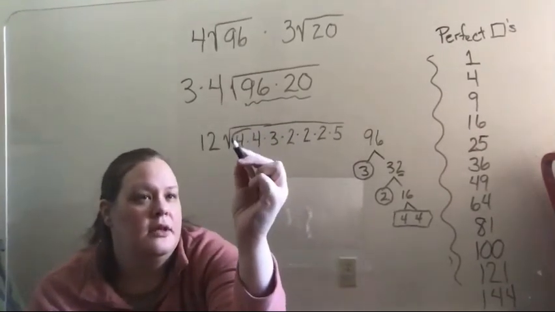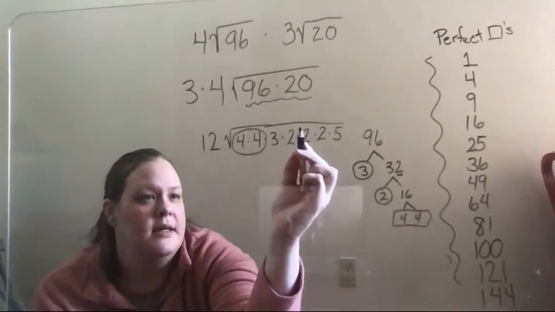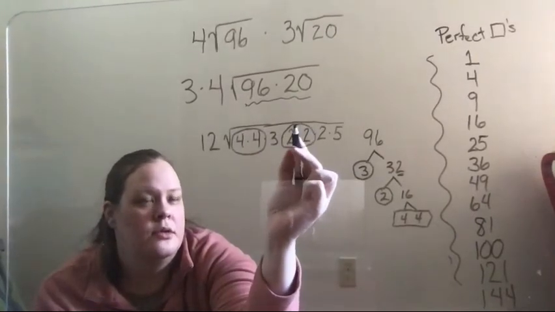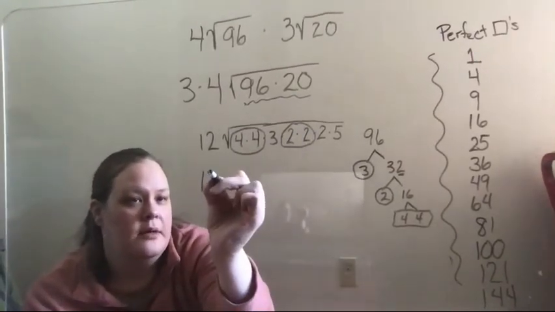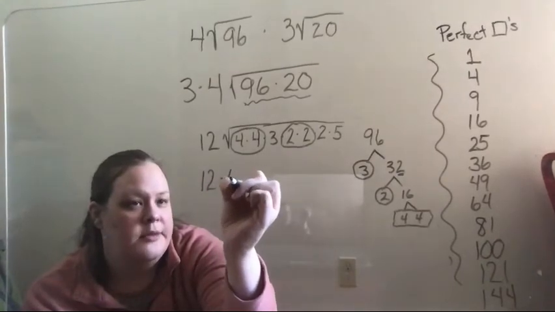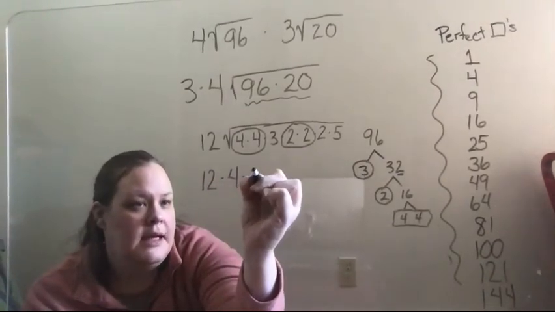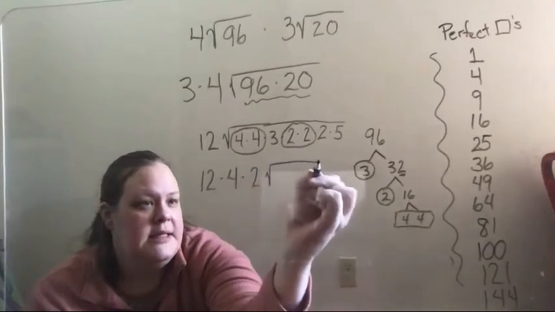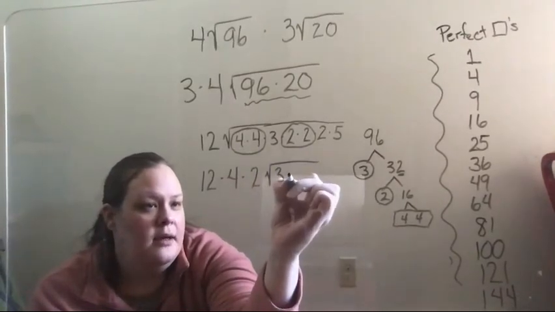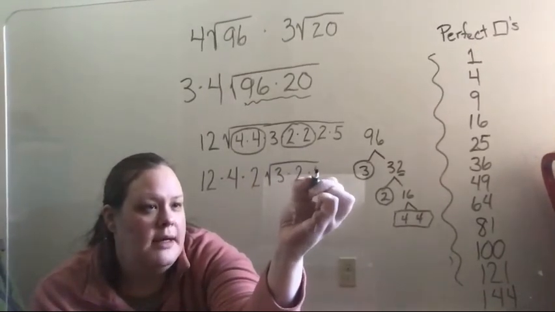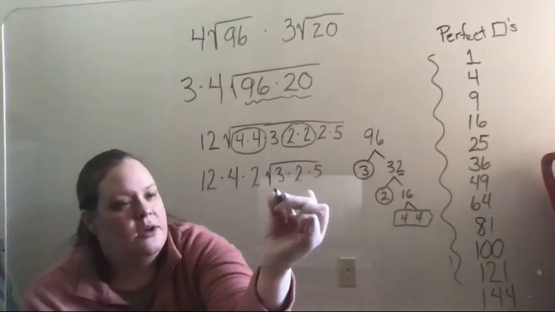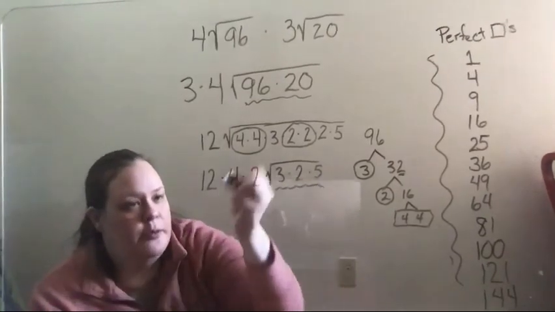So I'm going to circle any partners that I see in here and then bring those to the outside. So this will be 12 times 4 times 2. Inside, I still have a 3 and a 2 and a 5. Now, I want you to notice these numbers that are left inside here, right?